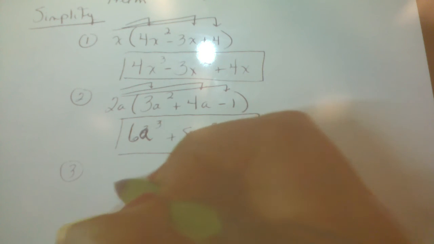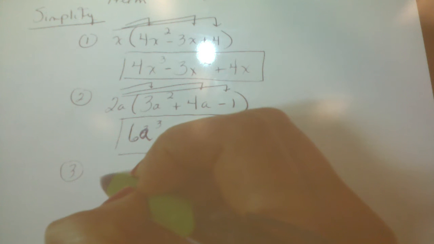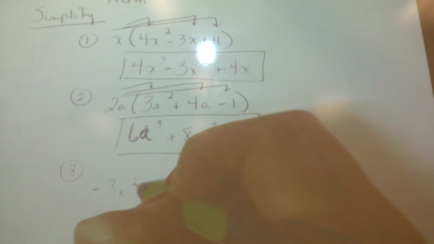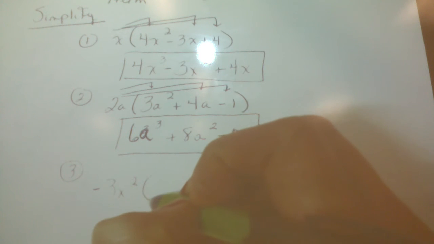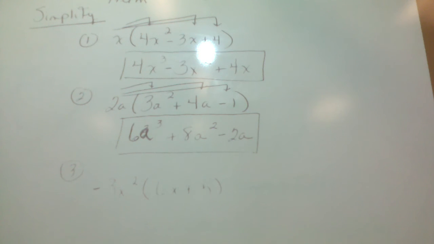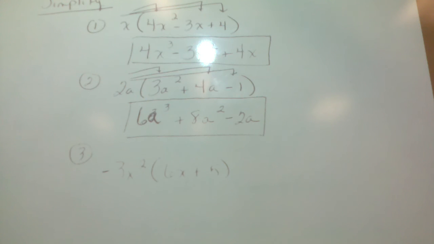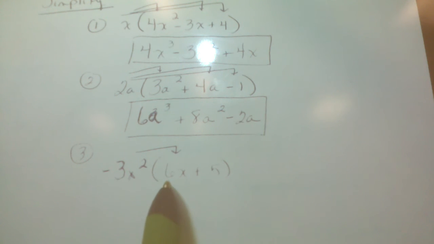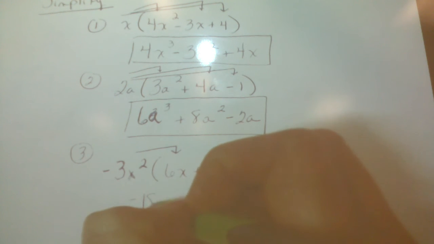Number 3. I've got negative 3x squared times 6x plus 5. So this one is a monomial times a binomial. The first couple were a monomial times a trinomial. I've got 2 terms. Let's multiply through here. Negative 3 times 6 is negative 18.